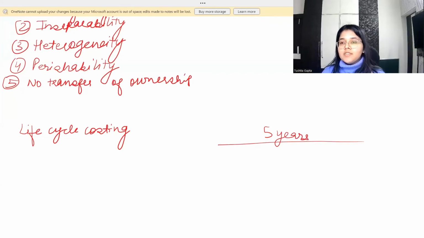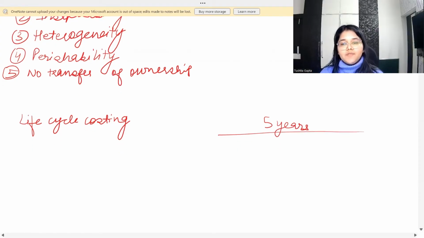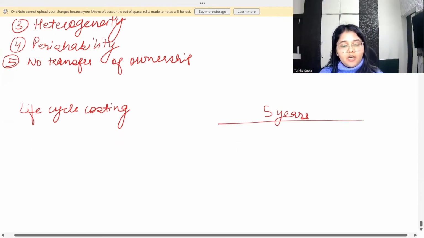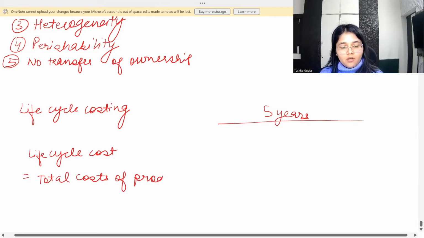All of the costs that we are going to incur over the 5-year timeline is something that we are going to take into consideration, and also the number of units that we are producing over these 5 years. So basically your life cycle cost per unit will be nothing but the total cost of the product over the entire life cycle.